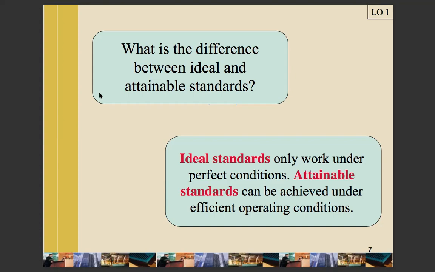However, a challenging but achievable standard tends to extract a higher performance level, especially when individuals have participated in its creation. So that was what I wanted to say about the standard.